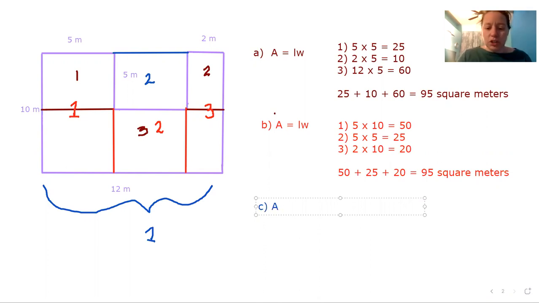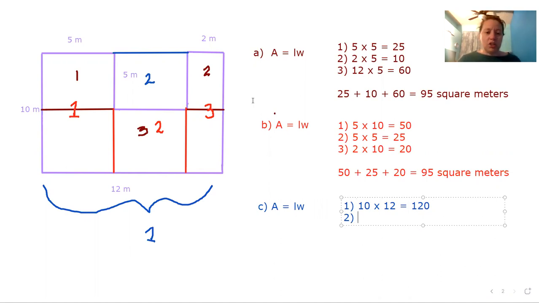I am still going to use area equals length times width because I am still using rectangles. Number 1 is going to be the entire thing, so 10 times 12, which is equal to 120. Number 2 is just going to be this little area right here. So 5 times, well, 12 minus 2 minus 5 gives us 5.